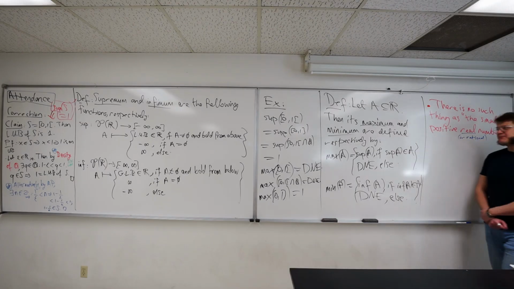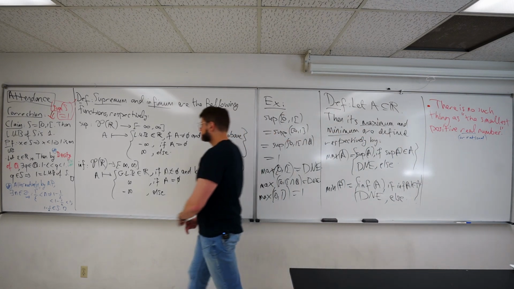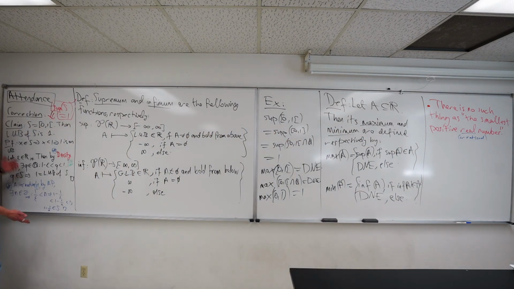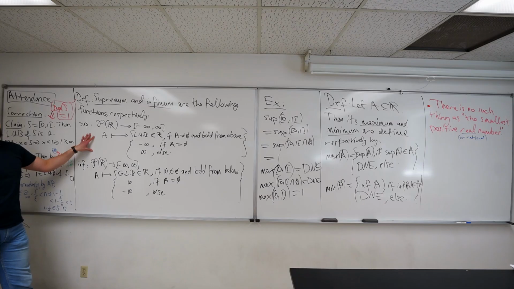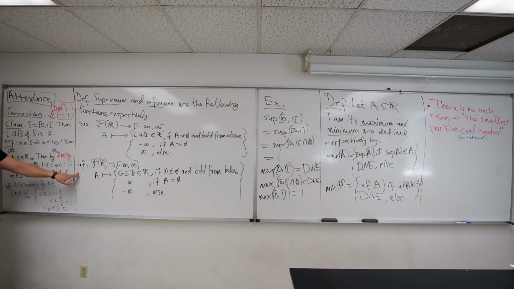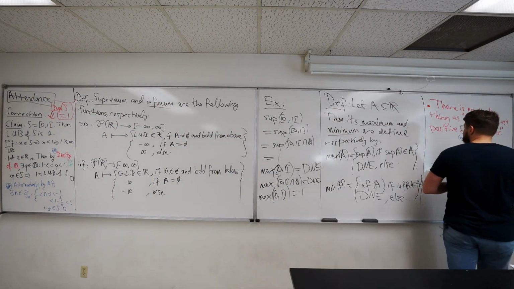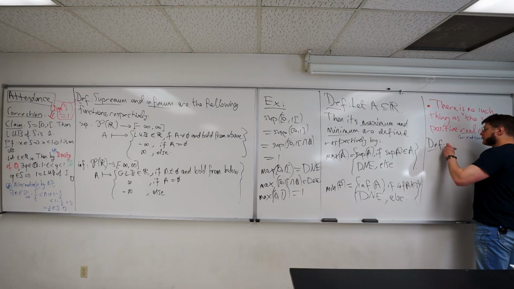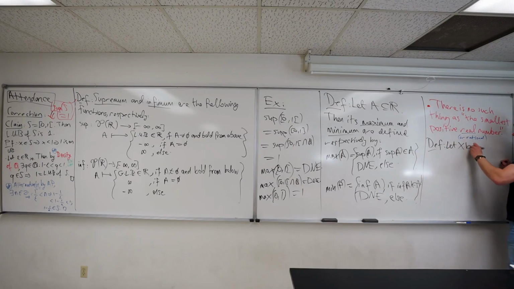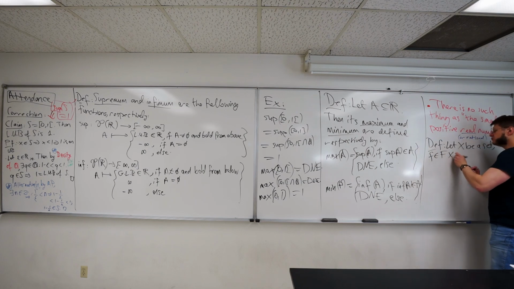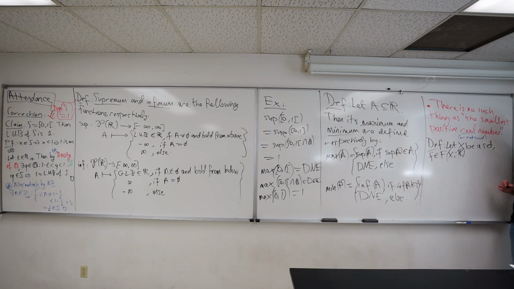Now, we had talked about how to switch from the boundedness of sets to boundedness of functions. We essentially want to do the same thing with sup and inf. So we're going to extend the notion of sup and inf to functions by just looking at their images. Let X be a set, and f be a function from X to the reals.